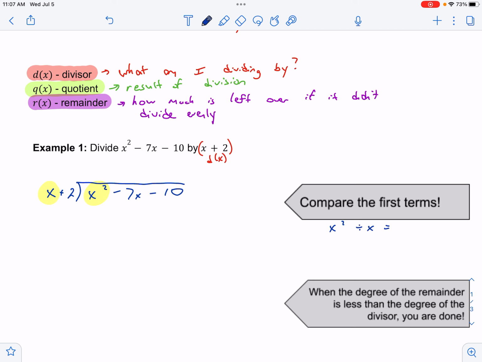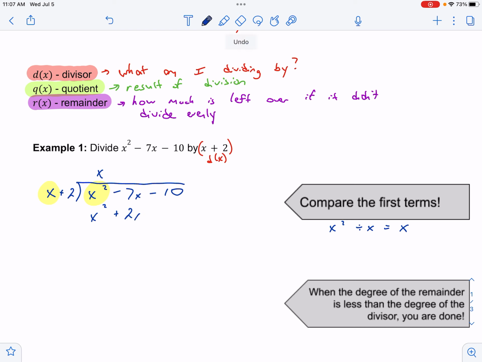That answer is x. So I'm going to put an x at the top here. And now we proceed just like we would with straight up long division. We multiply this by our divisor. x times x is x squared. x times positive 2 is plus 2x.